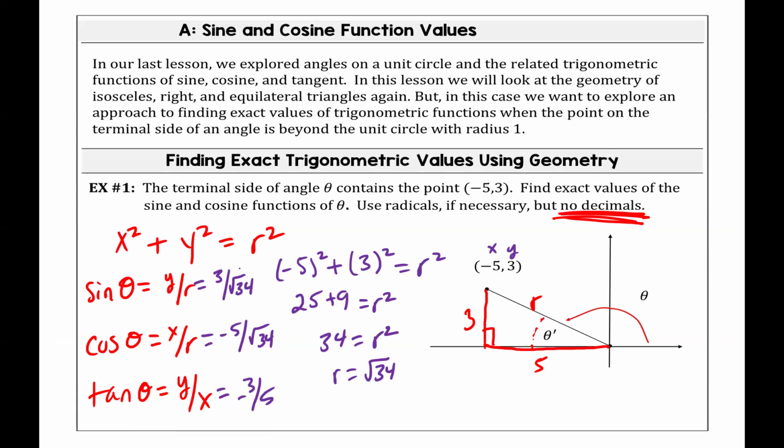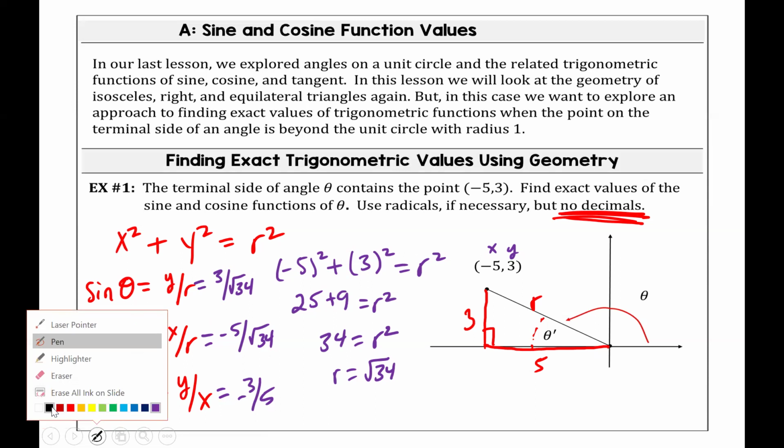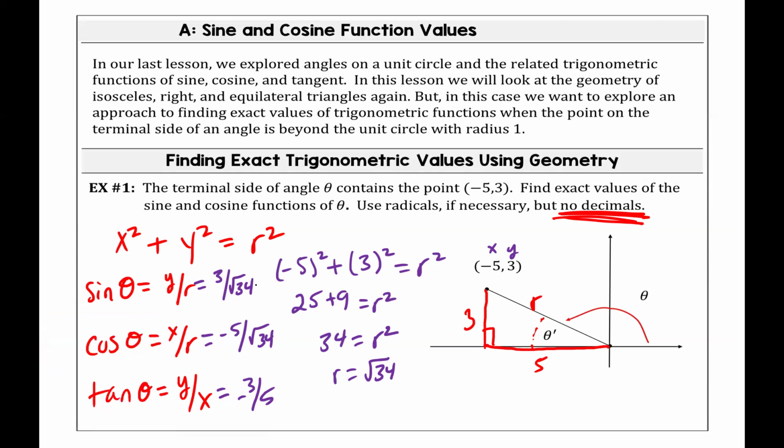Good? All right. This would only give you partial credit. Can someone tell me why it would only give me partial credit? Can't have a radical in the denominator, so we would have to rationalize that, right? And that's what we did yesterday. We talked about rationalizing. That means I'm multiplying the numerator and the denominator by the radical. Yes? Yes. So I'm going to write down here what my sine would actually be.